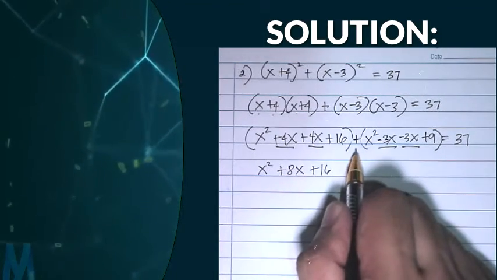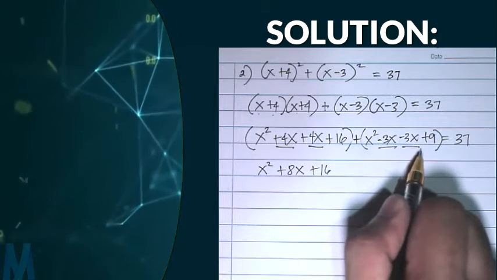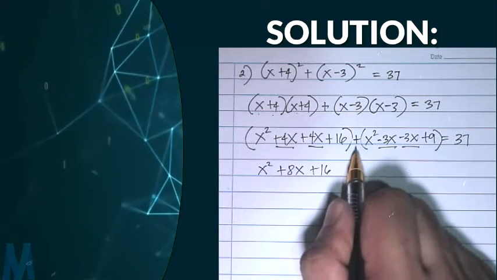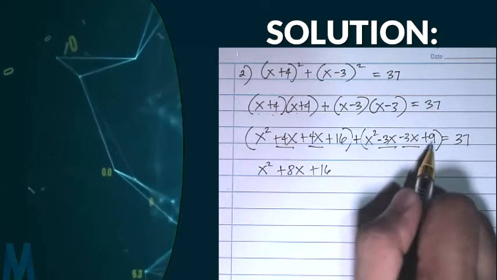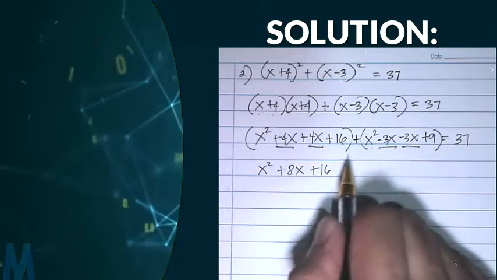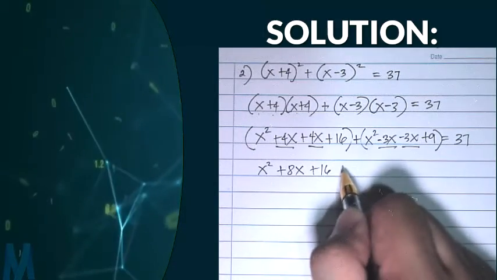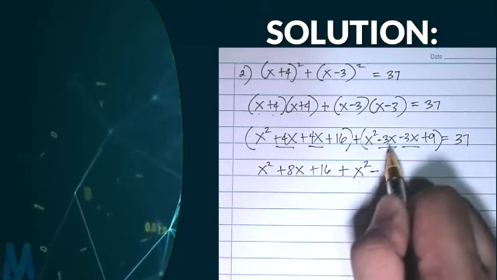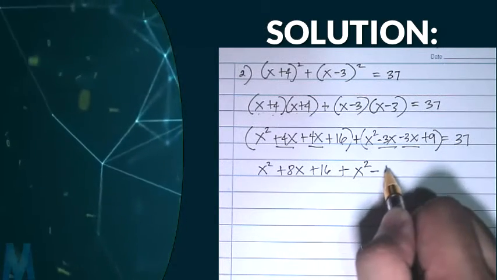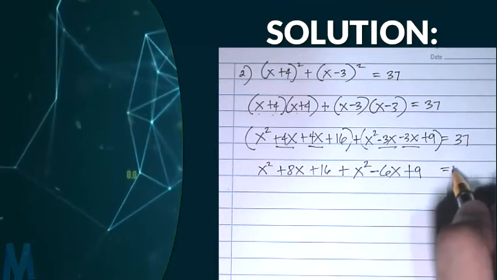Since it's addition, there is no change of sign. Unlike subtraction, when it's minus, all the signs of the second expression will change, I mean the one you're subtracting. Okay? So we have plus x squared. We have negative 3 minus 3 is negative 6x plus 9 is equal to 37.